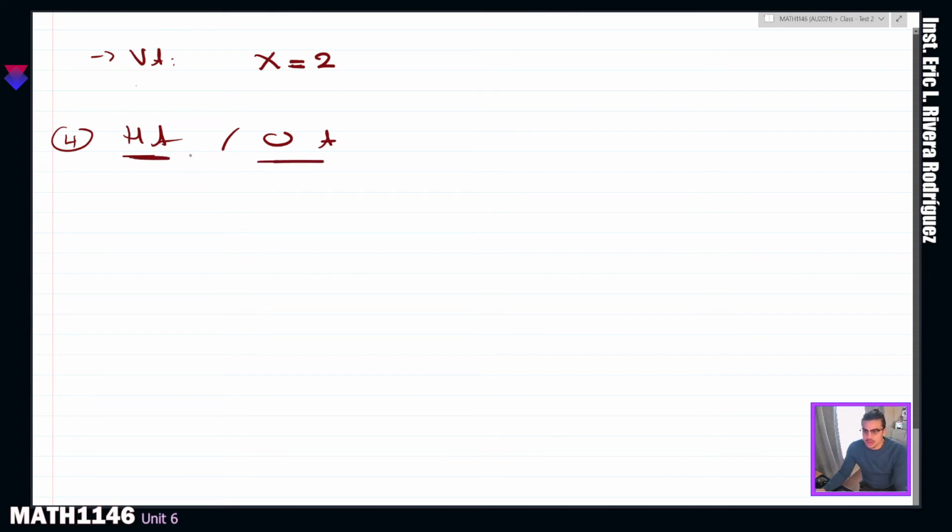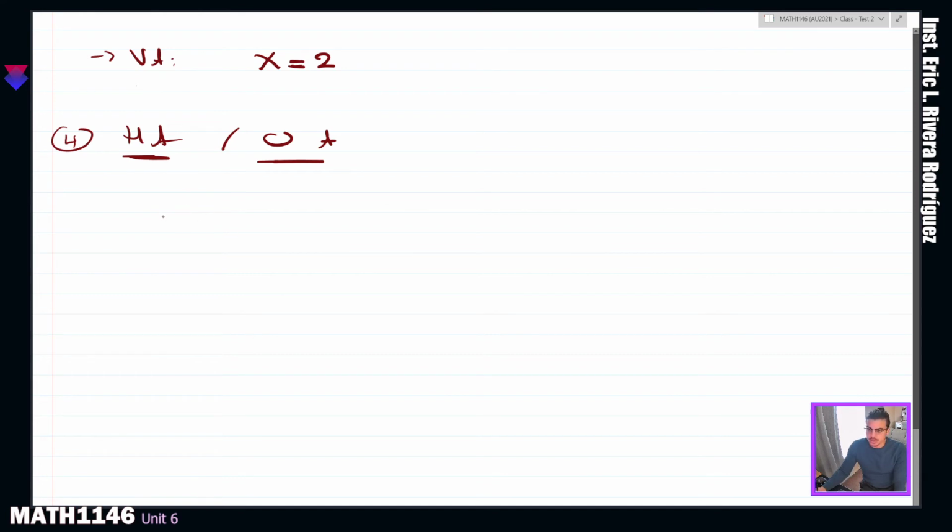So how are we going to determine horizontal asymptote or oblique asymptote? So we have three cases. And those cases are based on the degree of the part of the rational function.